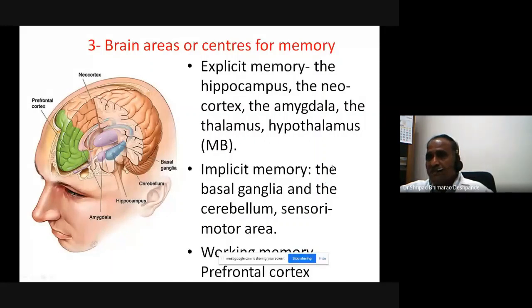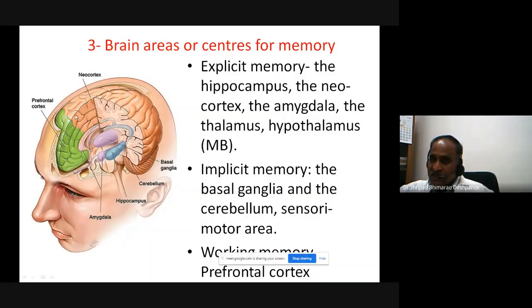Then implicit memory. Implicit memory is about the skills and procedural components, or developing associative learning. That means classical conditioning, all those things. You require the basal ganglia, the cerebellum, and the motor area, especially the sensory motor area. You require these three components. Especially the sensory motor area is here.